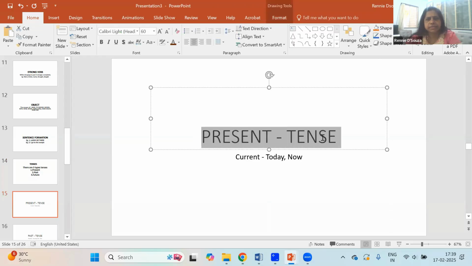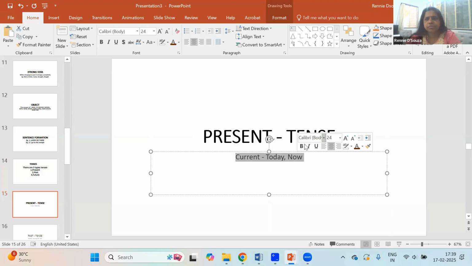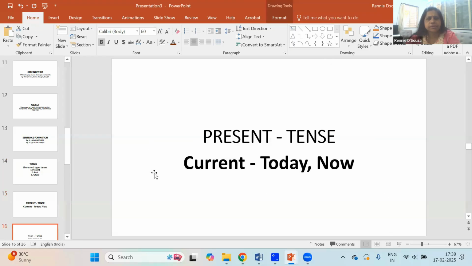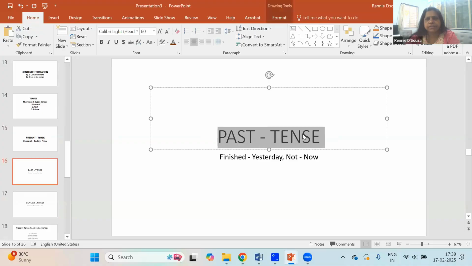And again we have seen tenses: present tense, past tense, future tense. What is present tense? We have seen present tense is current, today or now. Now is what we call present tense, which is happening in the present.